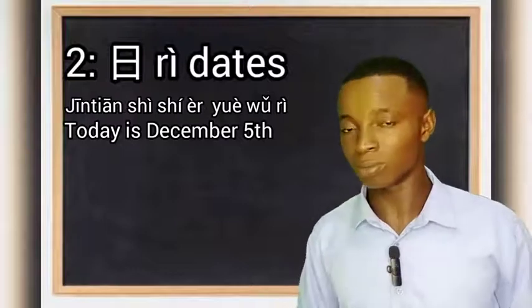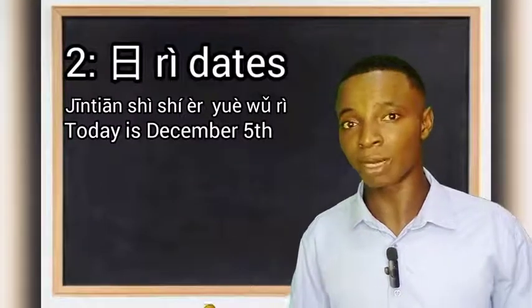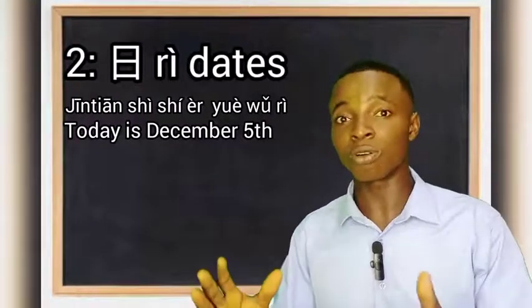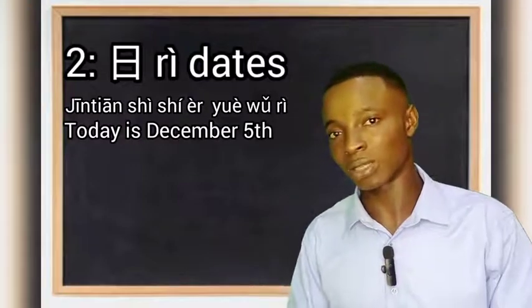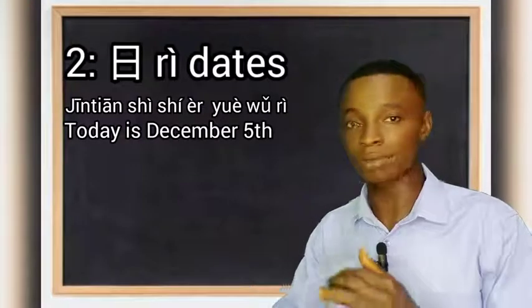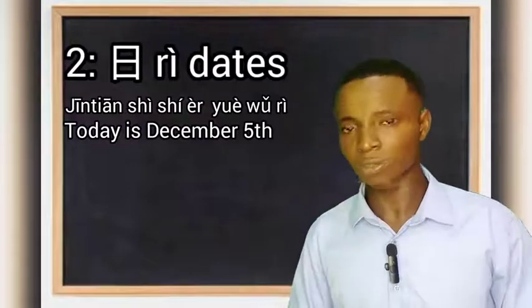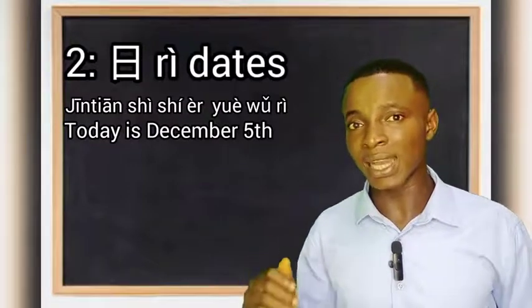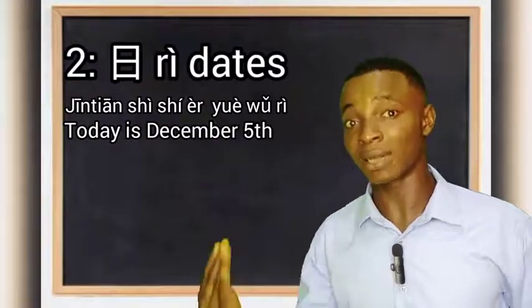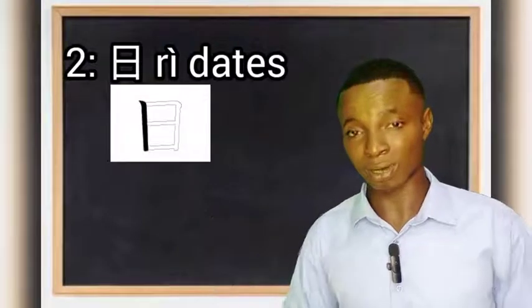You can add your own, but we are not here to talk about dates or days of the week in the Chinese language. We're going to discuss that in the next videos. So let's see how this character can be written with stroke orders.